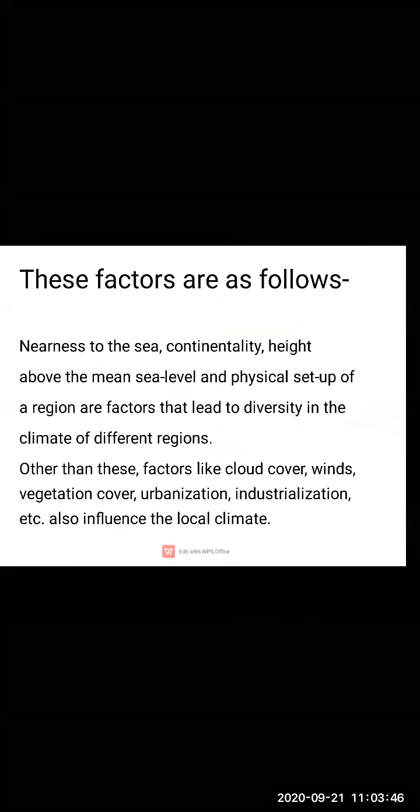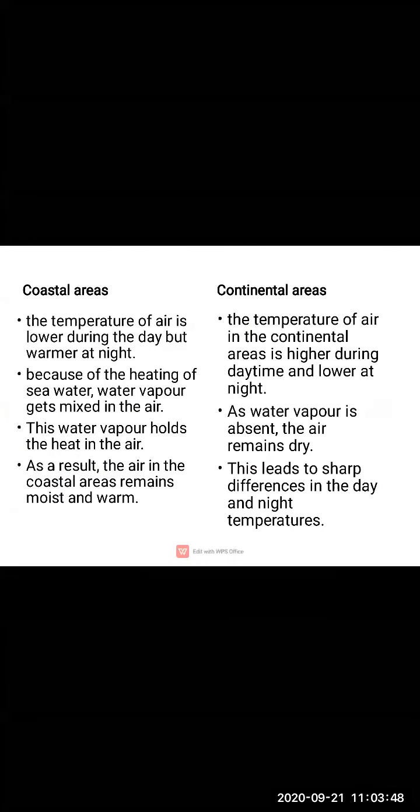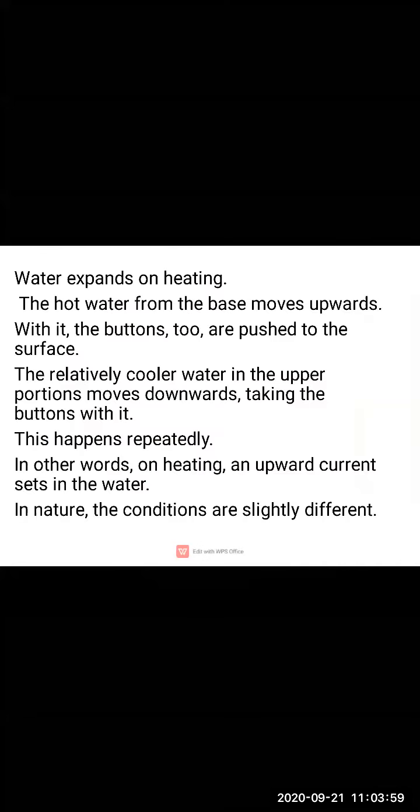So here, children, we have studied this experiment, that is convection and vertical flow of heat. This topic was remaining: due to temperature differences, both upward and horizontal currents develop in the ocean.